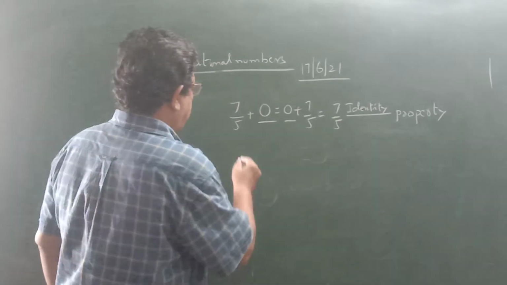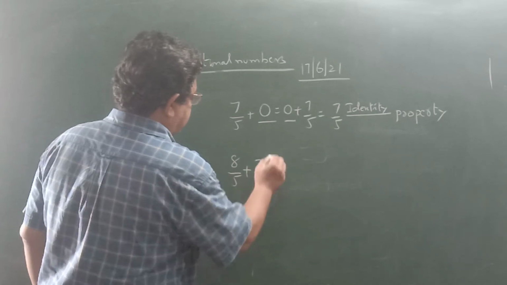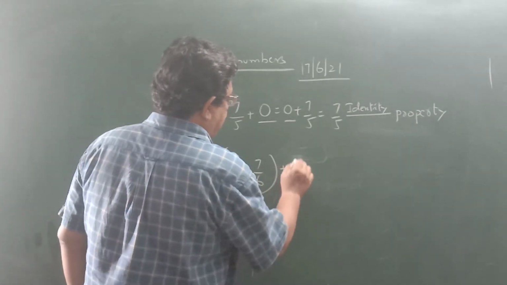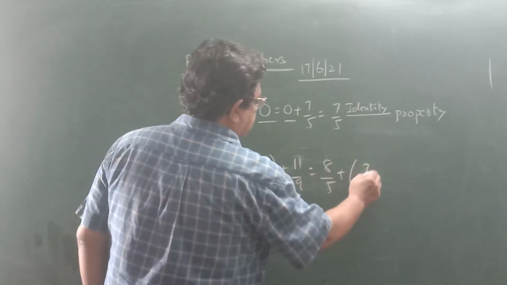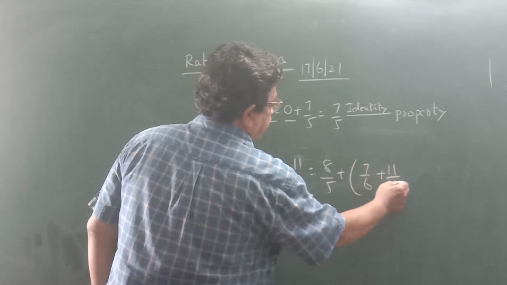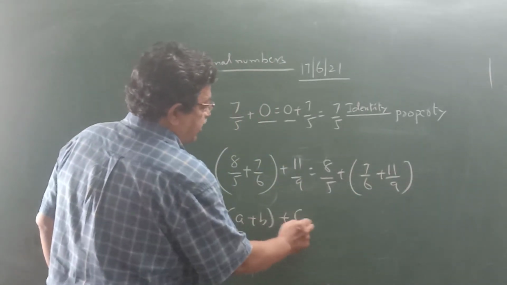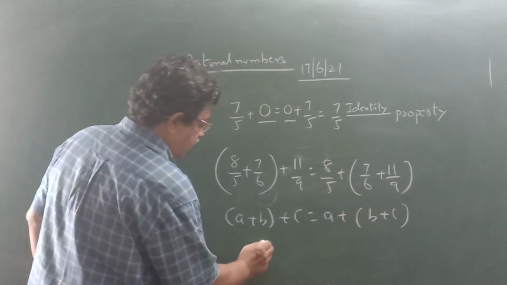Identity property. Suppose you have 8 by 5 plus 7 by 6, plus 11 by 9, equal to 8 by 5 plus 7 by 6 plus 11 by 9, grouped differently. It is in the form of a plus b plus c equals a plus b plus c. Which property is it?